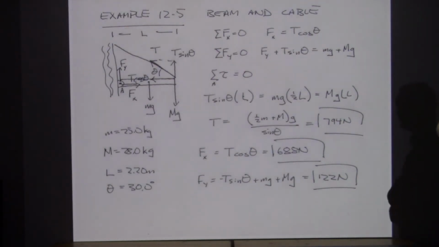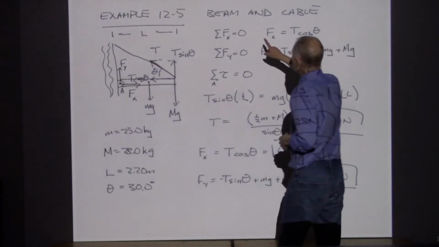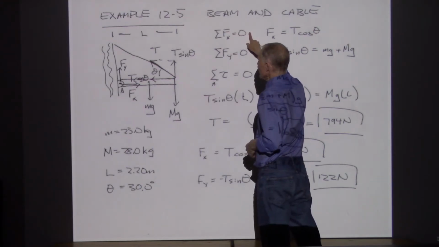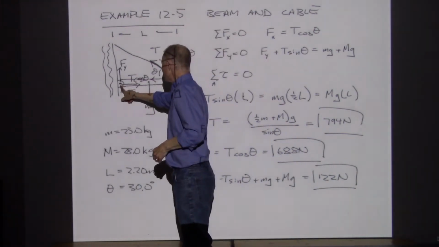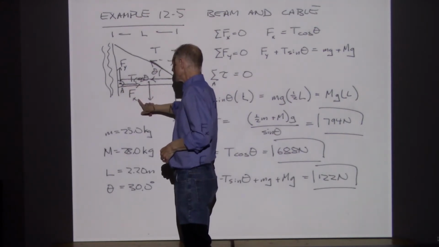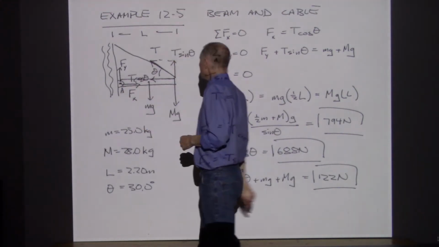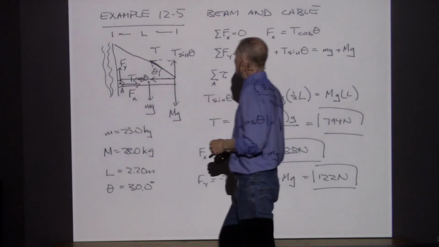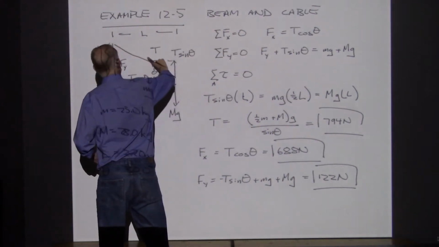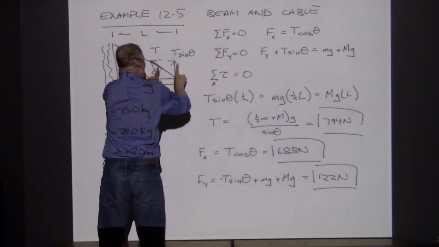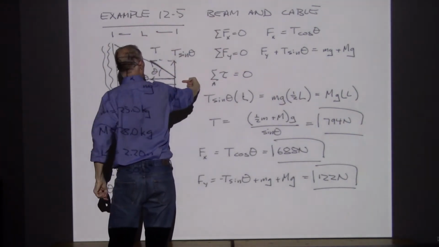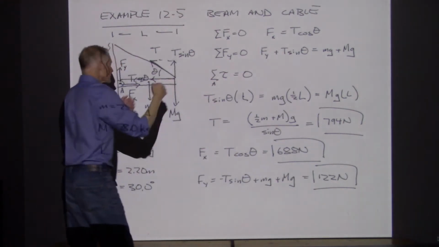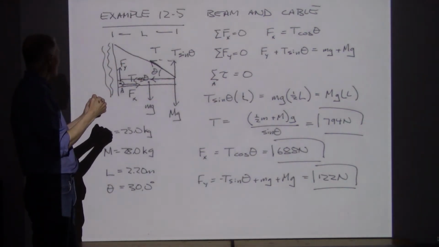So that's our shortcut. Now, if I look at the forces in the x direction, this is kind of interesting. You might think, well, the hinge isn't really providing any force in the x direction, is it? But it is. That's because of the way the cable is oriented: the cable is going to provide an upward force, but the cable also provides a horizontal force pulling the beam towards the building.